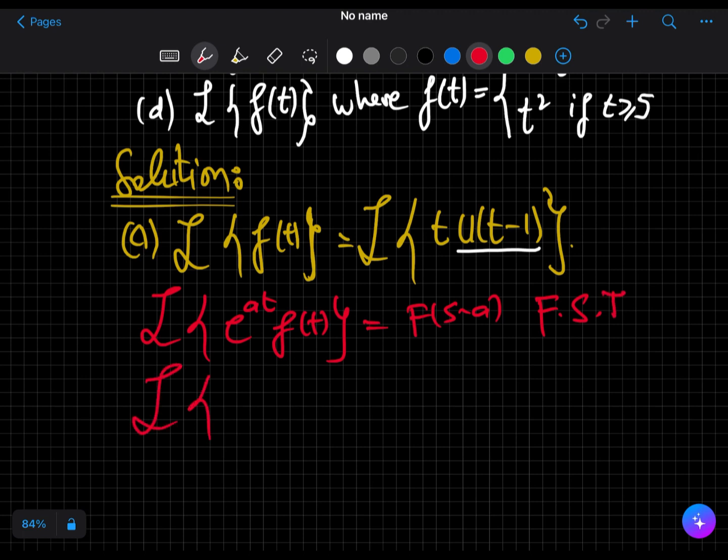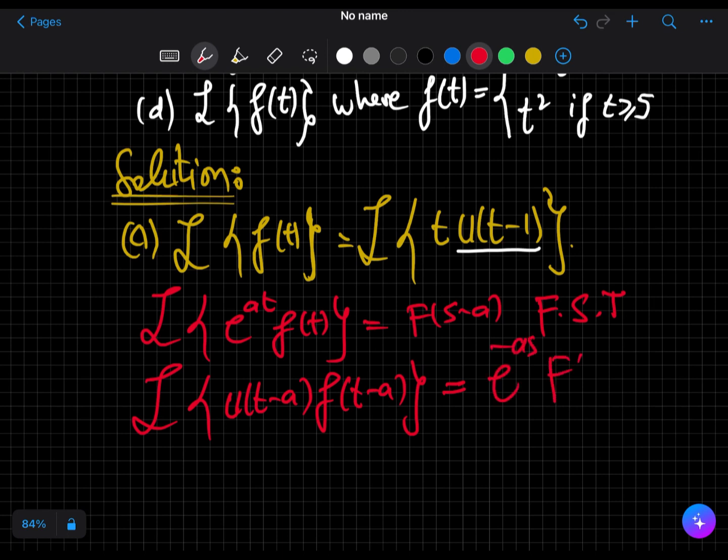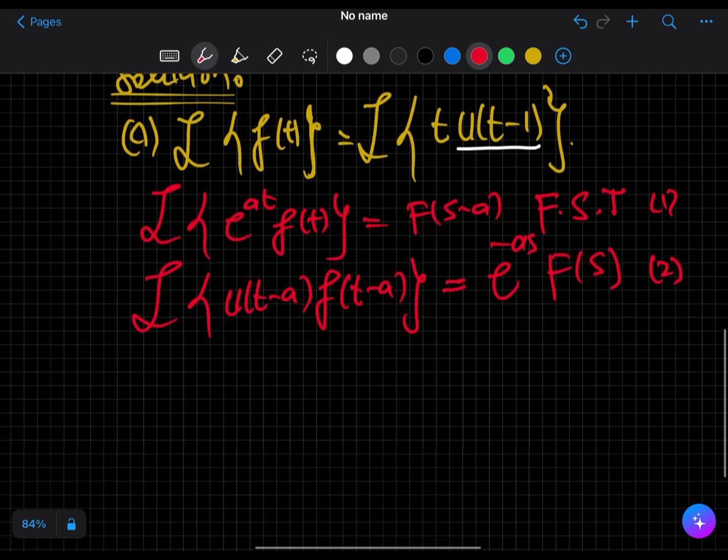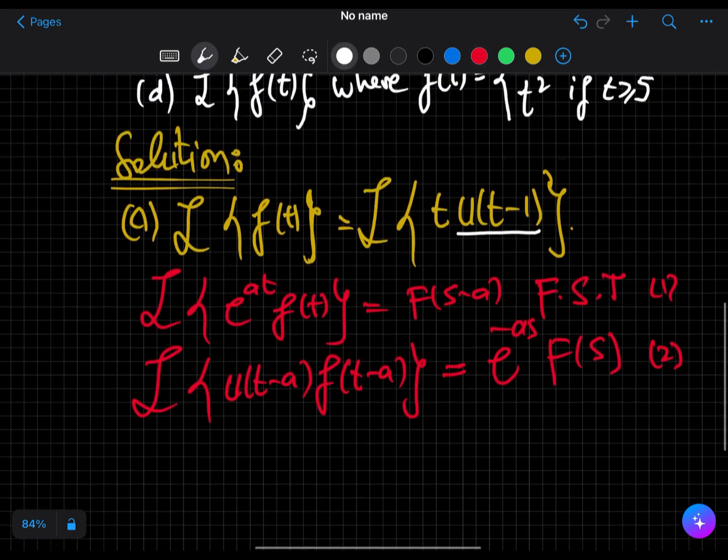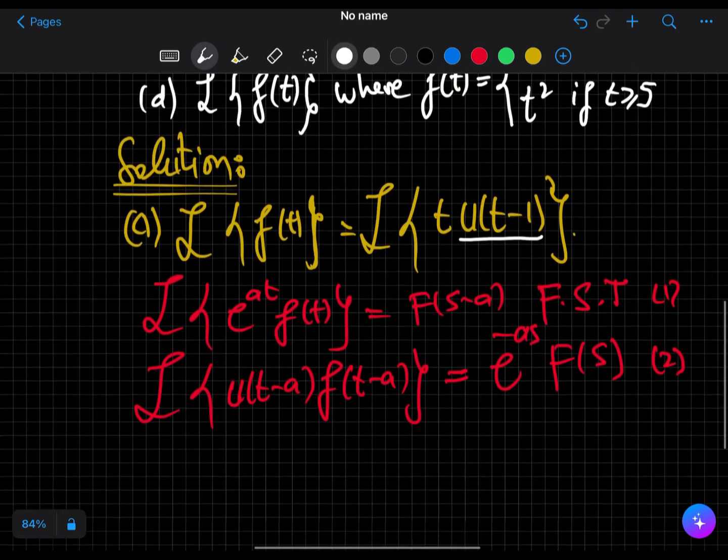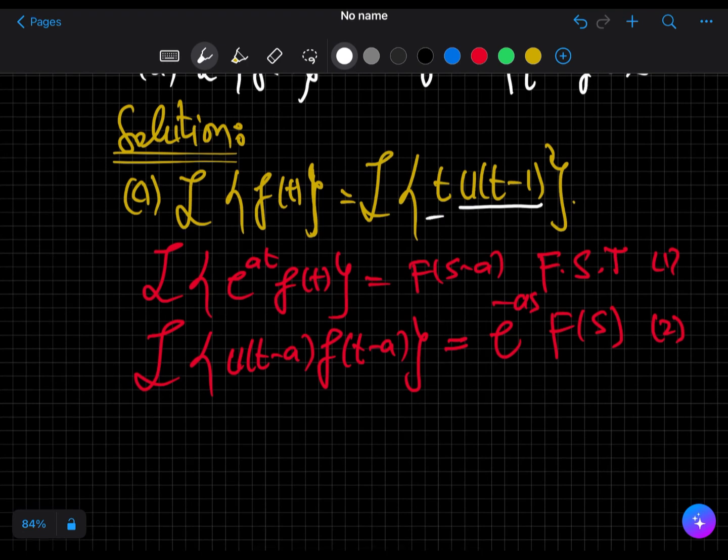And then also the Laplace transform of u(t minus a) f(t minus a) equals e^(minus as) F(s). So these are the main Laplace transform equations that we use to solve the questions of this tutorial.